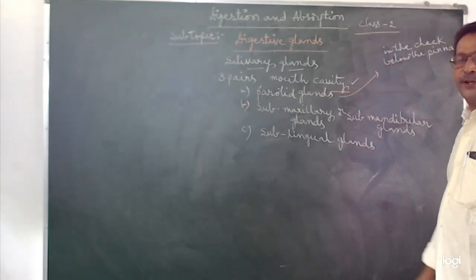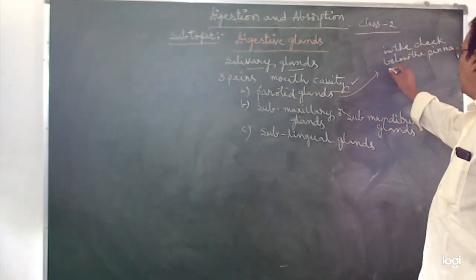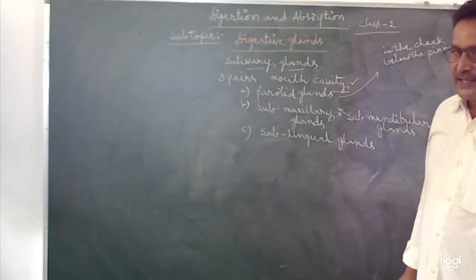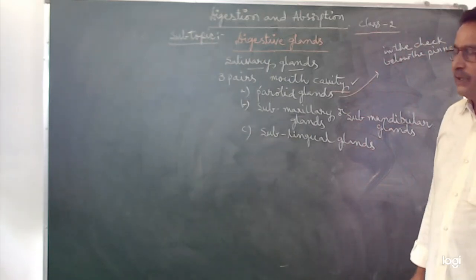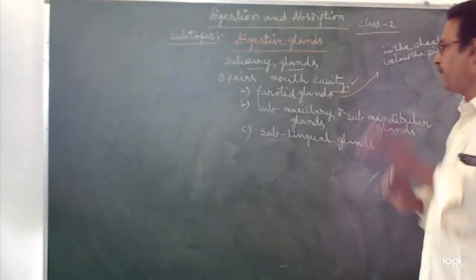Pinna is the external part of the external ear. Here these parotid glands are located.